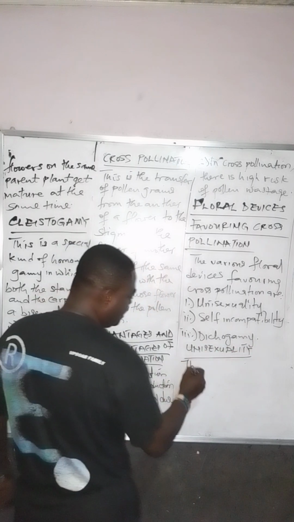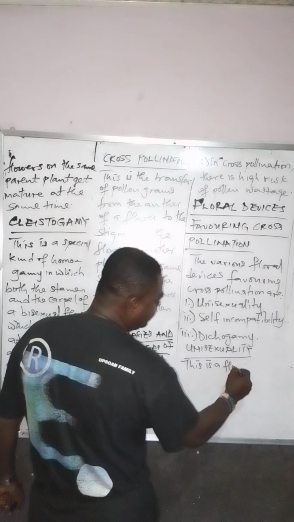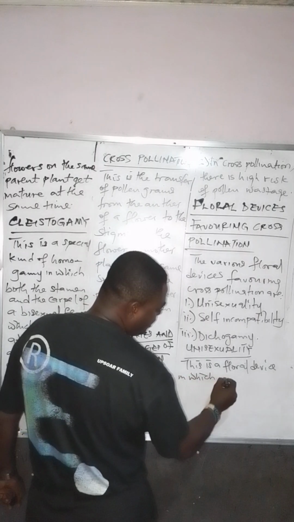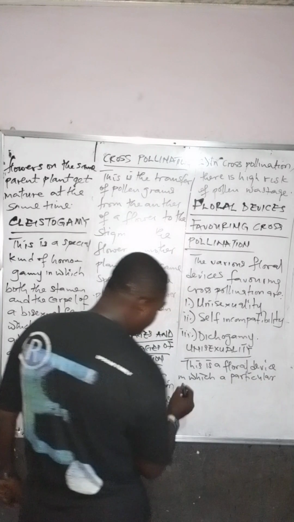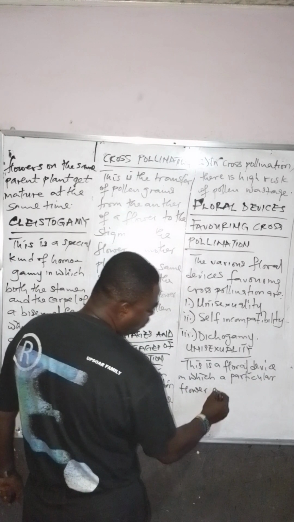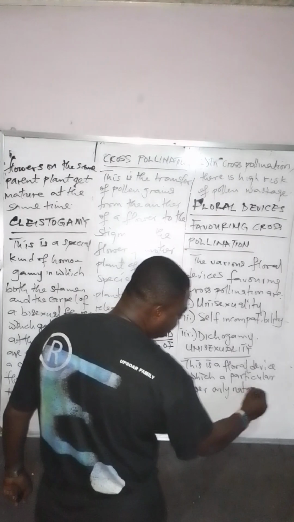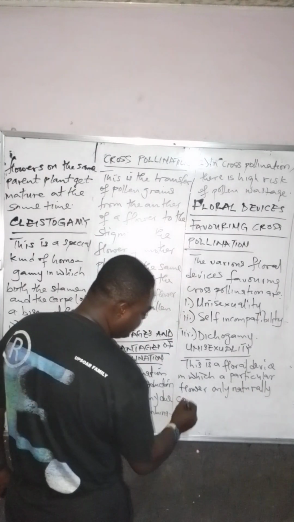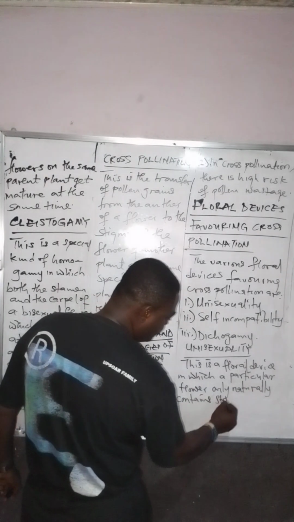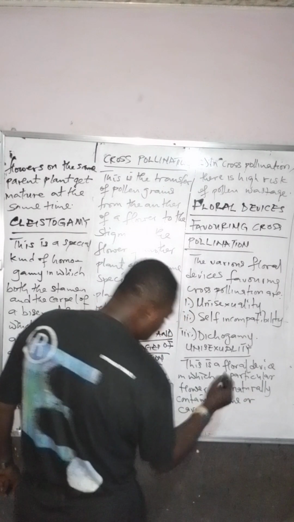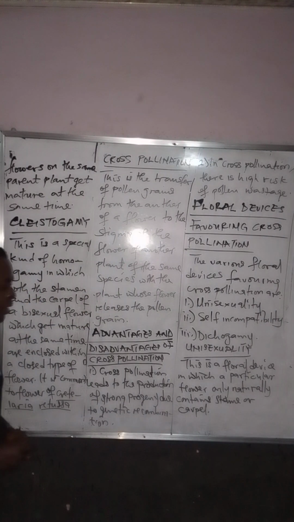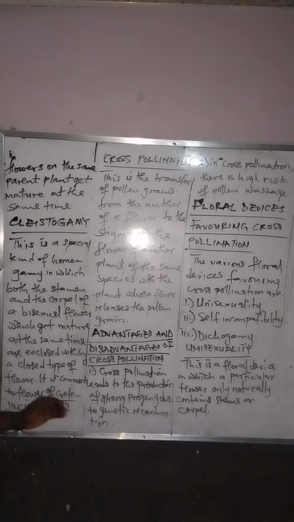So let's look at the first one, unisexuality. This is a floral device in which a particular flower naturally contains only stamen or carpel. The one that contains stamen is called a staminate flower, while the one that contains carpel is called a pistillate flower.